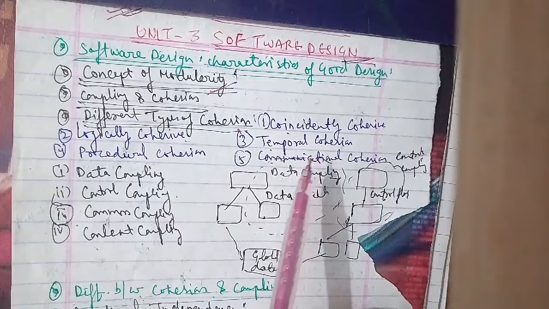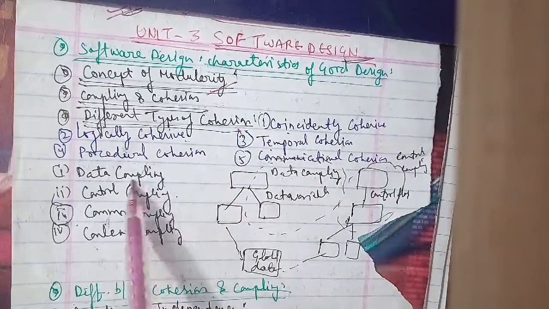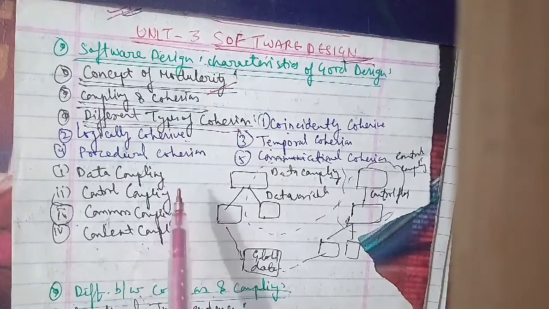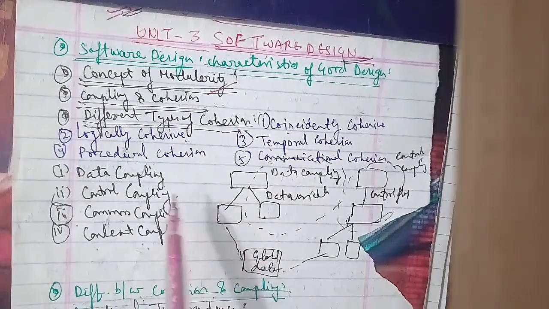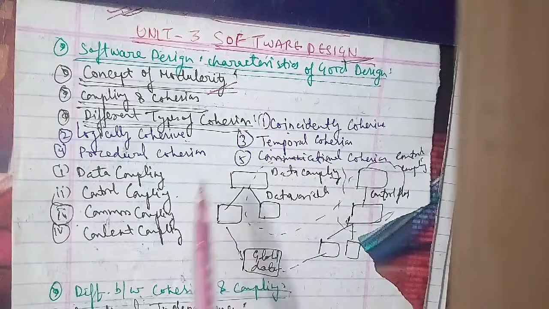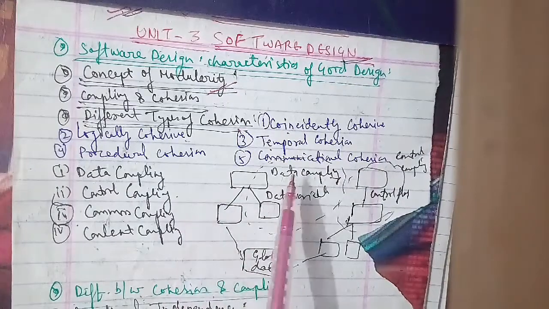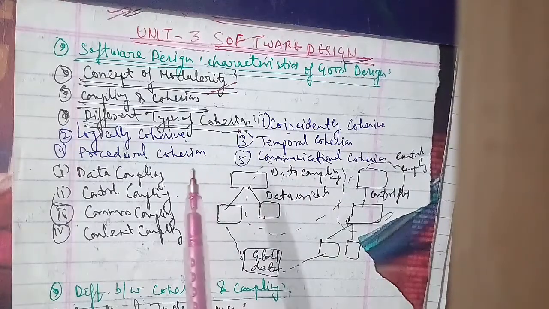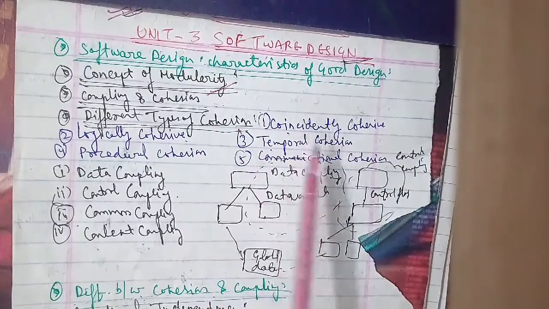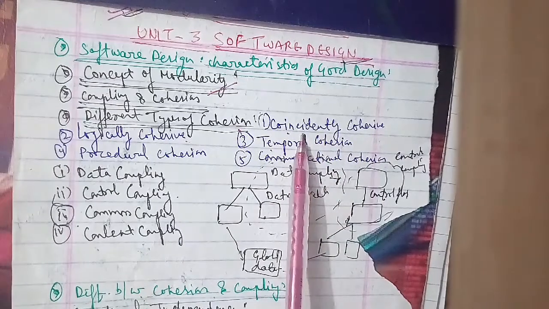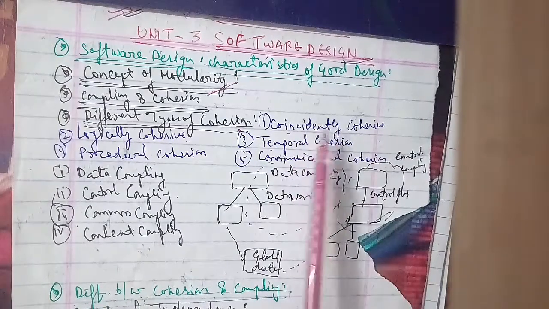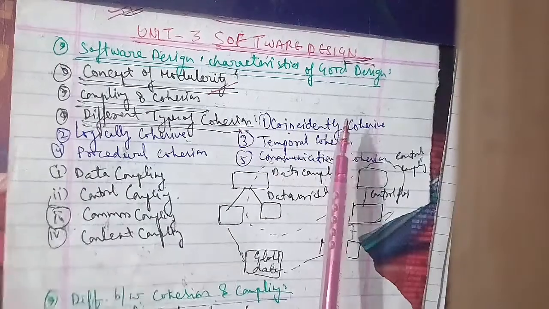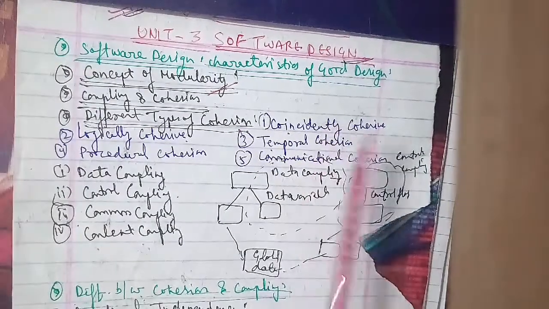Coincidentally cohesive: modules in which the set of tasks are related to each other only loosely are called coincidentally cohesive. Logically cohesive: a module that performs tasks that are logically related with each other is called logically cohesive.